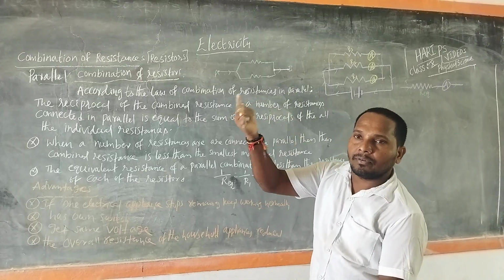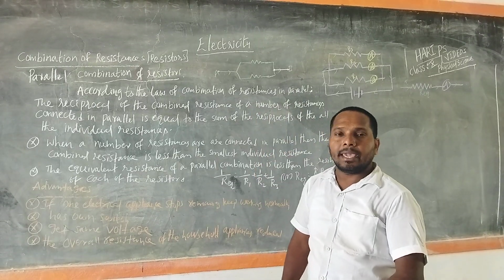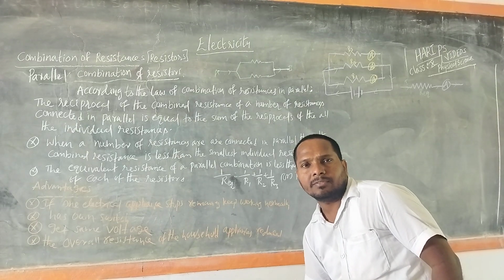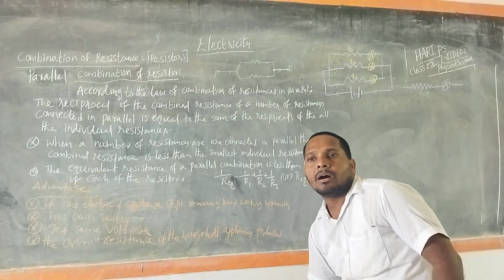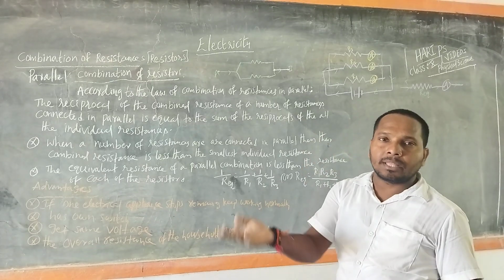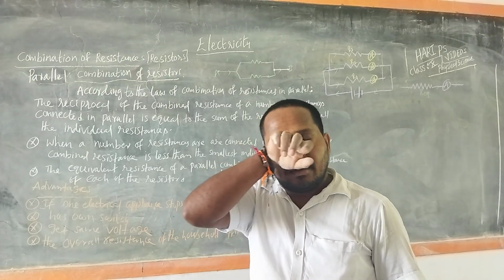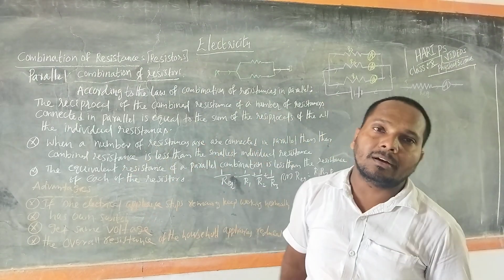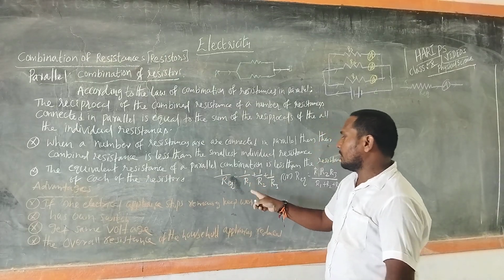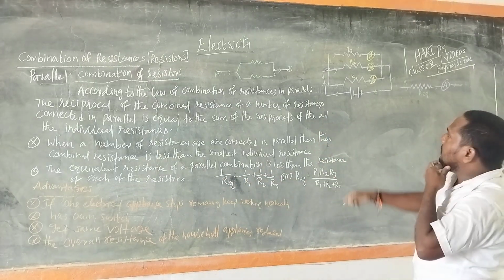In case of series connection, the resultant resistance is more than the resistance of an individual resistor. So 1 by R is equal to 1 by R1 plus 1 by R2 plus 1 by R3. Now we will derive this equation.